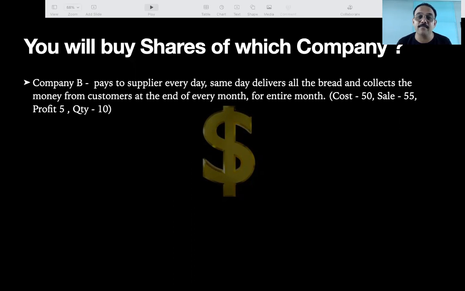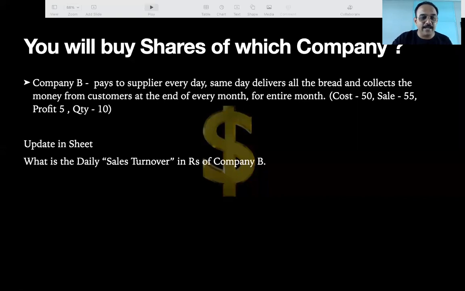It will deliver on the first of the month, second, third, fourth, fifth of the month, and collect the money from the customer at the end of the month.